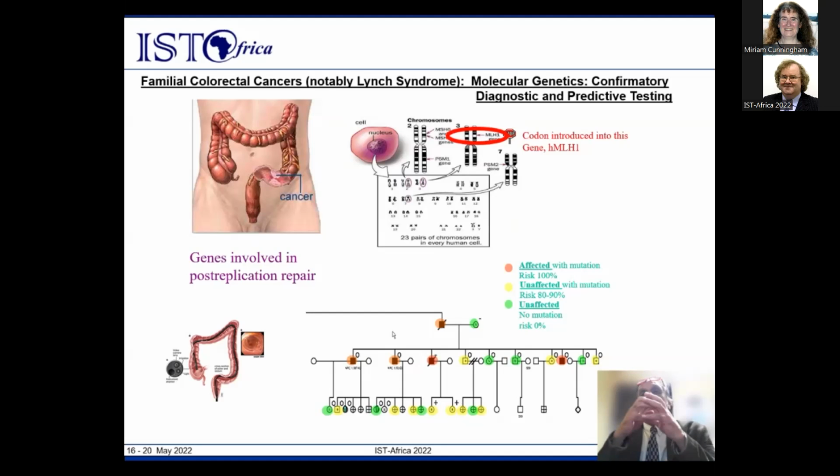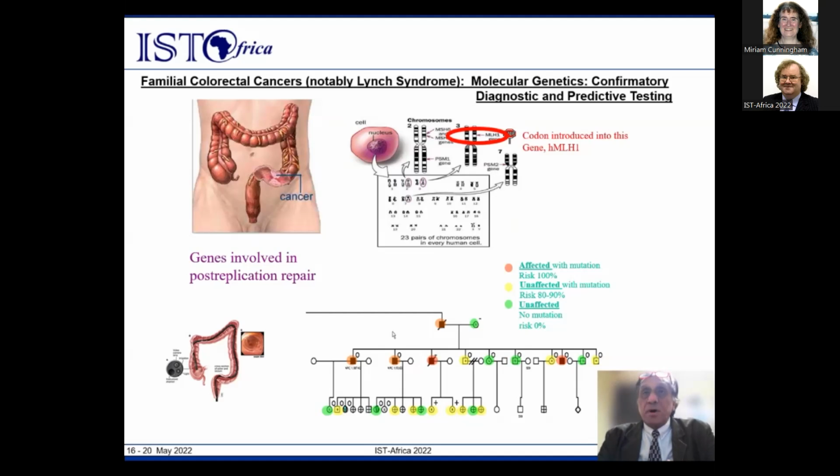So, by way of brief explanation, what should be obvious is those individuals who have tested and come up negative are shaded in green and they're released from follow-up. Sir, ma'am, you do not have the mutation that has probably been plaguing you your whole life in terms of stress. You don't need to come in for colonoscopies.